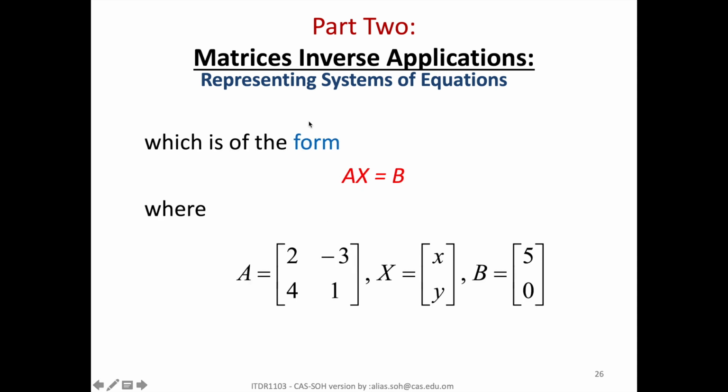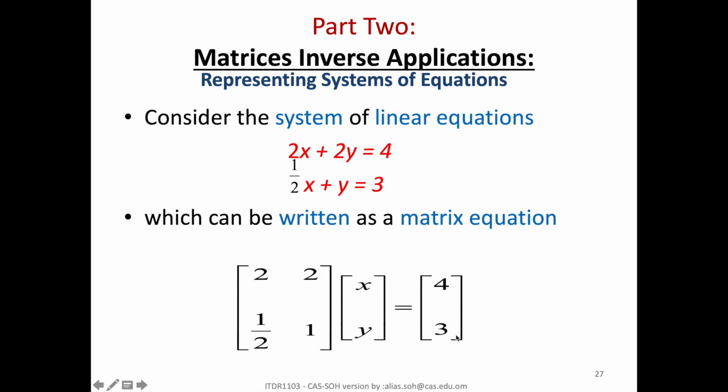Now we convert the linear equation to the form AX equals B, where A is the coefficient matrix, X is the variables, and B is the results. Right, now let's see how we can use the inverse to solve the linear equations here.